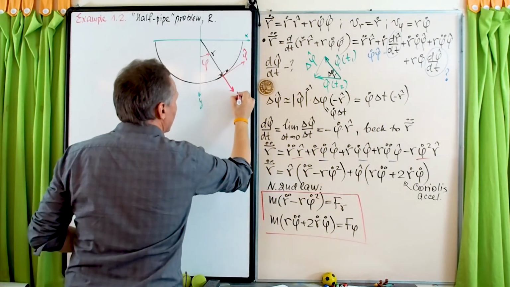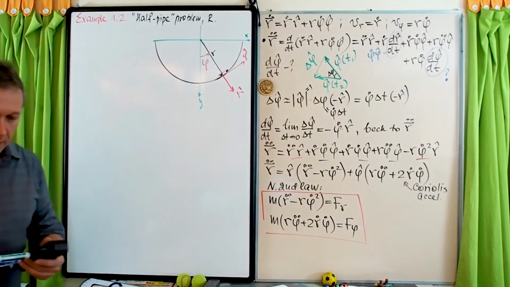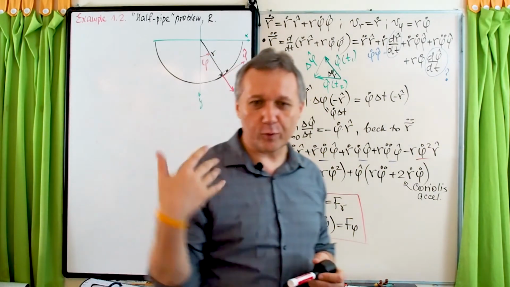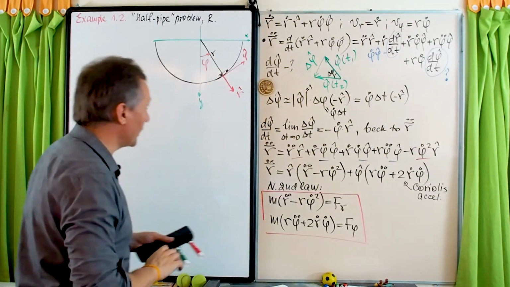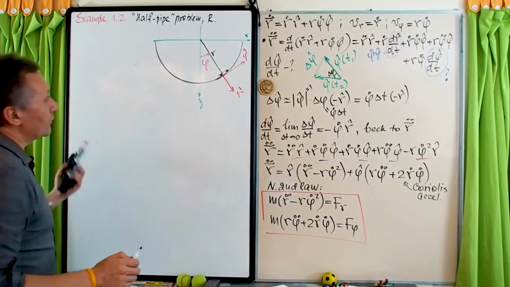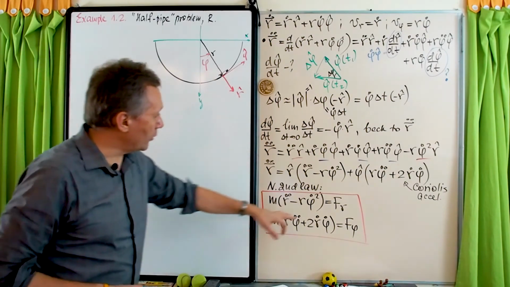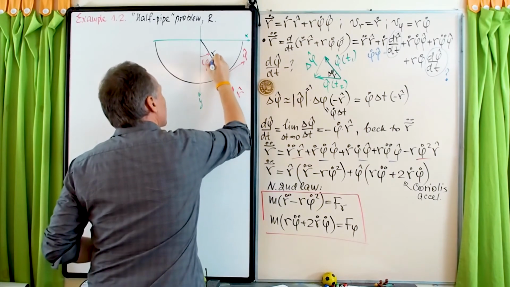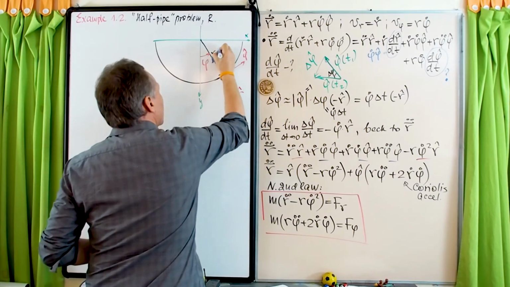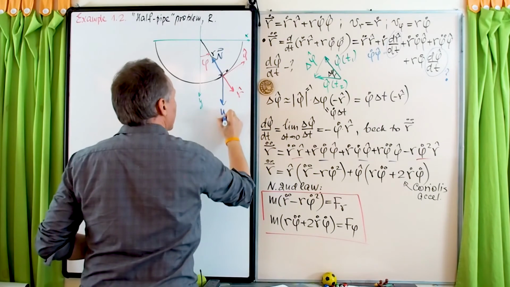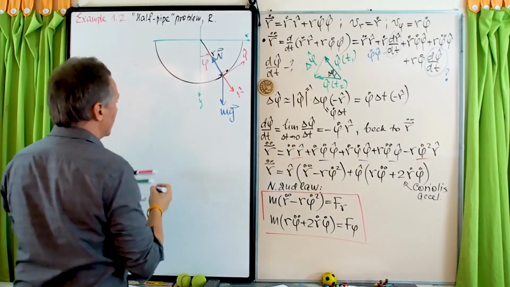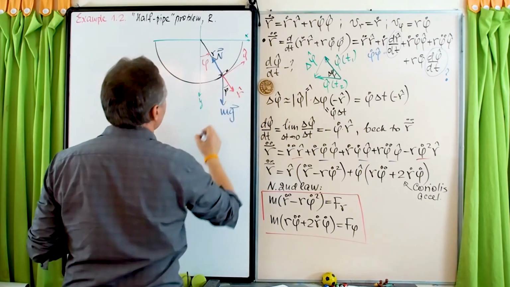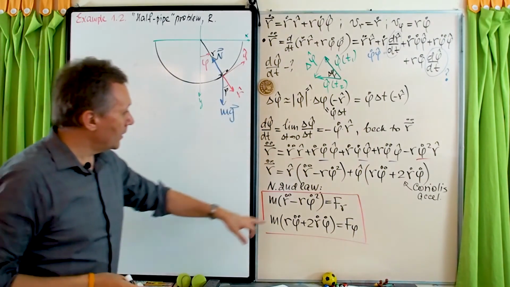That is r hat. Actually, I shouldn't have used red. Usually I use red to draw forces. I have to flip the colors. Then we will have to identify all forces. Everything is trivial. This will be the normal force. This will be gravity, mg. And of course, this angle is also phi. So this is phi. So now, r is constant.